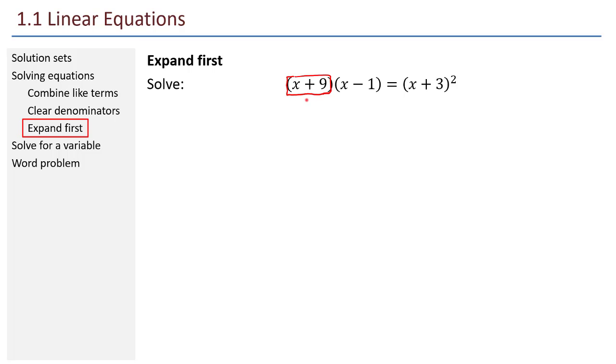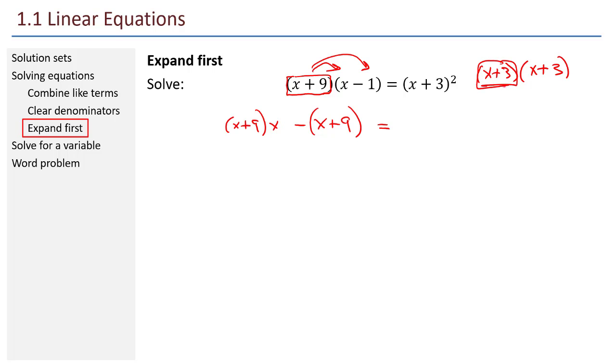I'll distribute x plus 9 across my x minus 1. I get x plus 9 times x minus x plus 9, I'll just leave that in parentheses, times 1. And that equals x plus 3 squared, let me write that, x plus 3 times x plus 3.